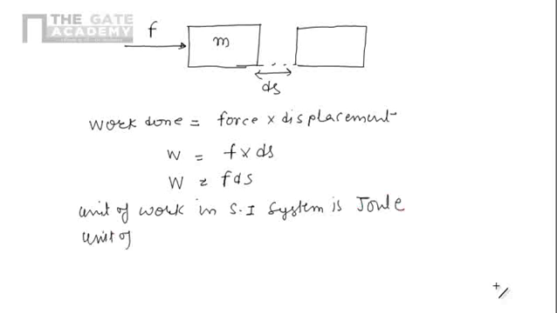Similarly, the unit of work in the CGS system is erg. So these are the most useful units of work in the SI and CGS systems.